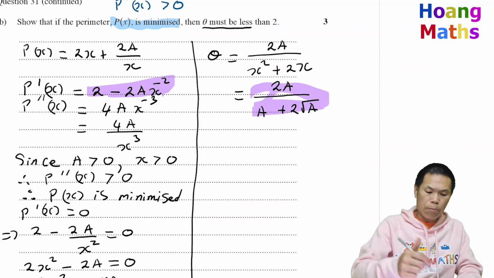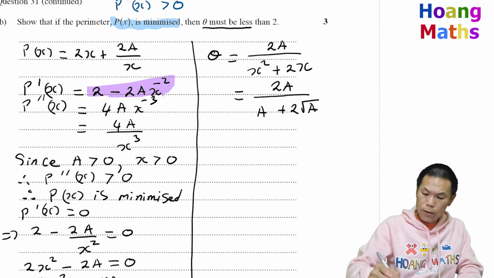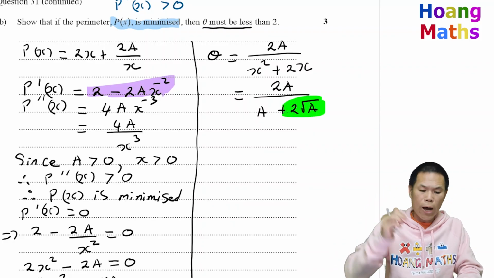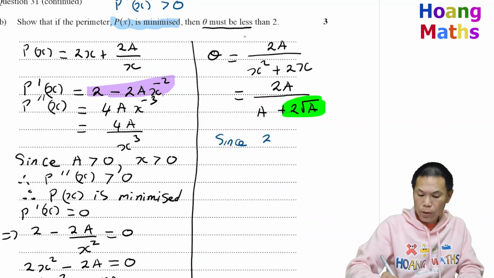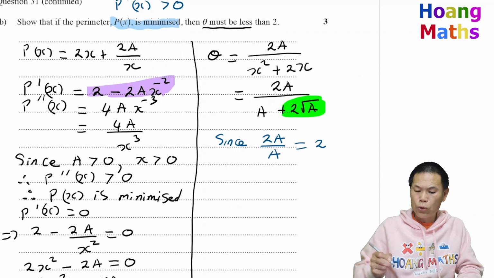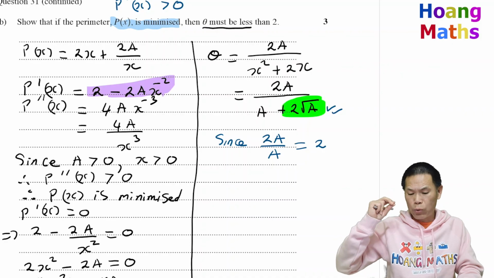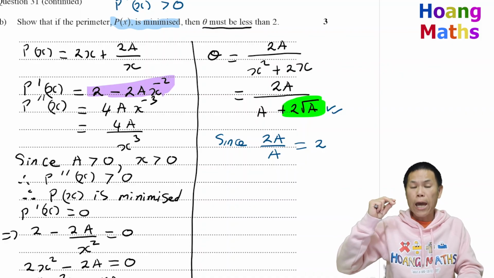So if you think about it, if you ignore the 2 root a, that becomes 2a over a, correct? So let me just write it down here. So since 2a over a is equal to 2, but then we add 2 square root a, which is a positive number, on the denominator, therefore the angle theta must be less than 2, correct?